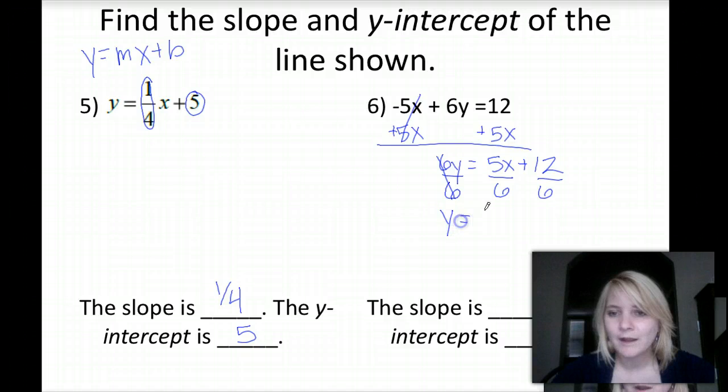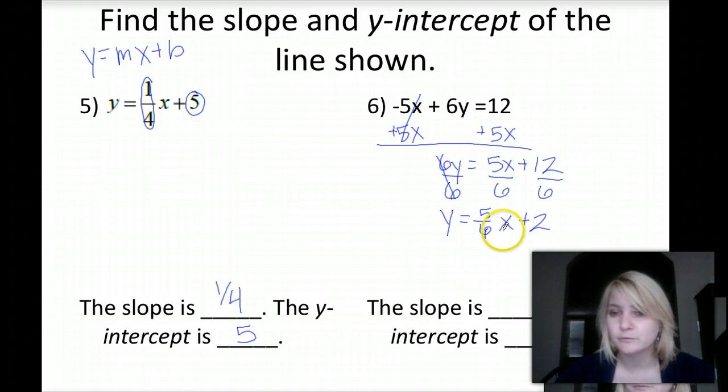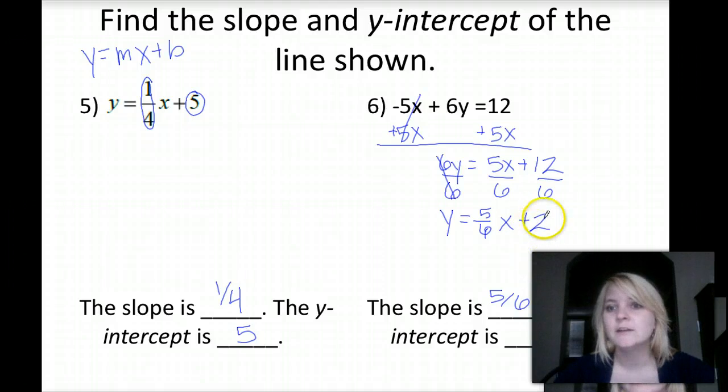So we get y equals 5/6x plus 2. And now we're in slope-intercept form, and we can quickly identify our slope, which once again is the coefficient of x, which is 5/6. And then our y-intercept is the constant that's being added or subtracted, the term without the x value. So our y-intercept here is 2.